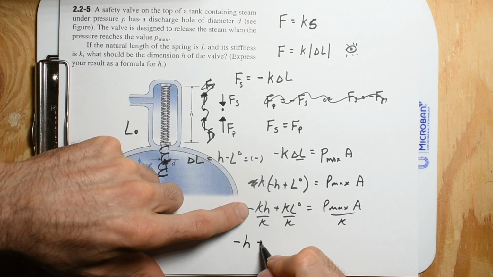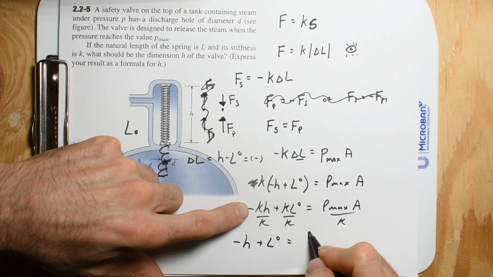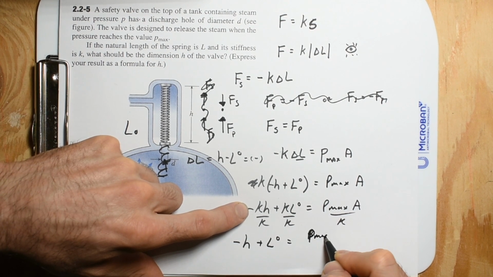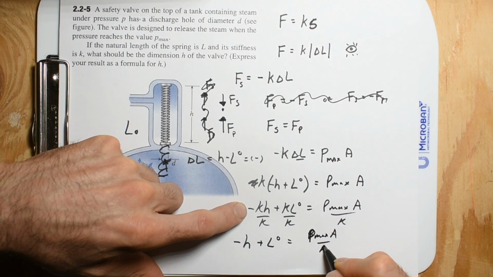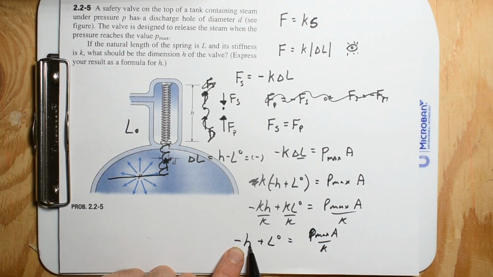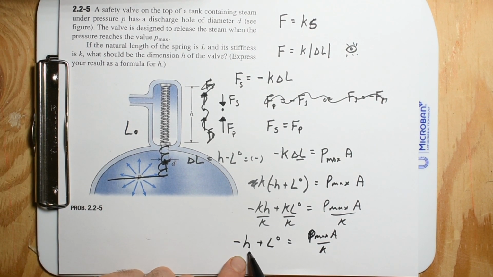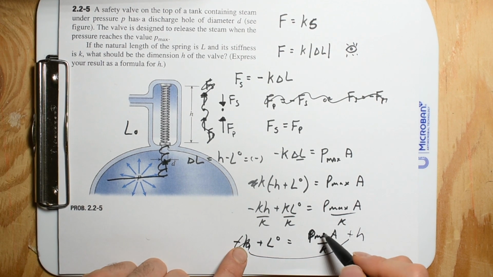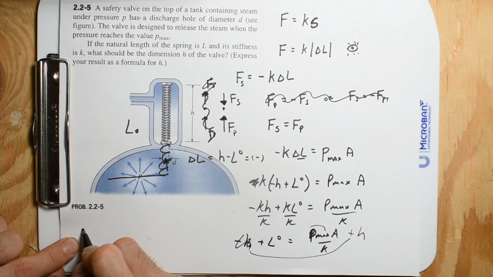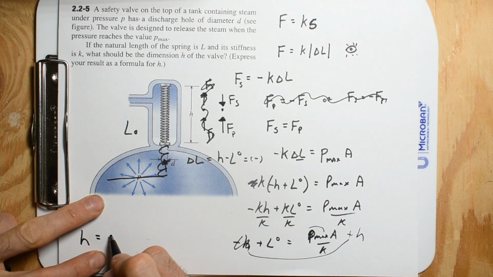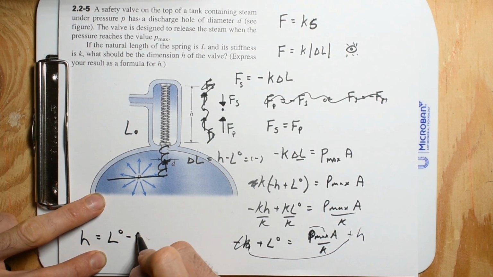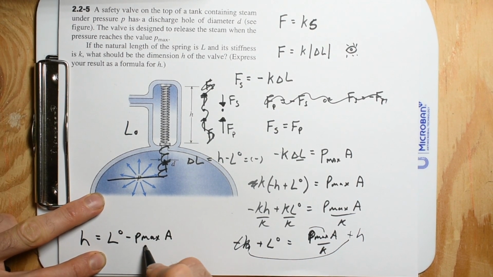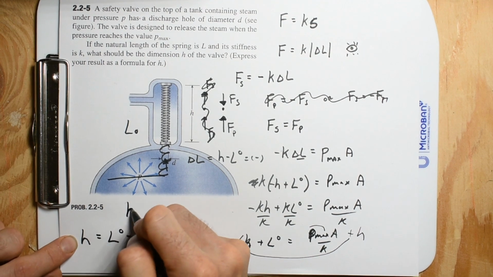But yeah, negative H plus L naught is equal to P max area divided by the spring constant. Cool. Now we can get H by itself. So let's just bring it over here. Then it's positive H. But then we got to bring this to the other side. So we'll get H is equal to L naught minus P max area over K, which is our final equation.